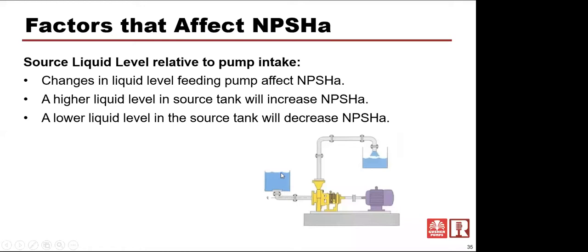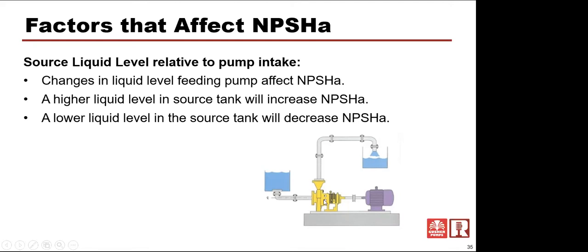Let's say this is 3 feet above the pump. If you had 25 feet of NPSH with the atmospheric pressure minus the vapor pressure calculation, you now have 28 feet of NPSH available because we've added this 3 feet above it.